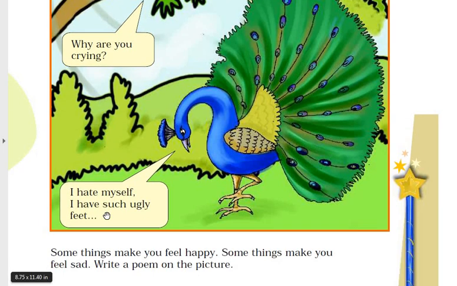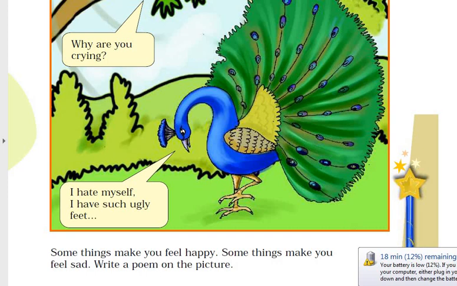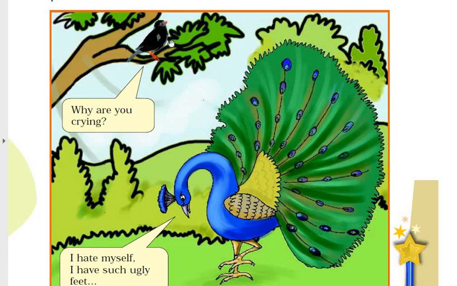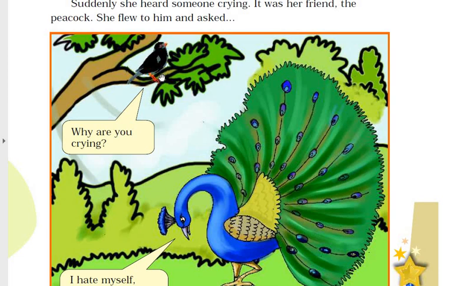See, here we got to learn one more lesson. Okay, let's read it out first. Some things make you feel happy, some things make you feel sad. So write a poem on the picture. So the lesson that we learn here is the quail, which is inferior to peacock in terms of beauty, did not hesitate crying, did not hesitate singing.